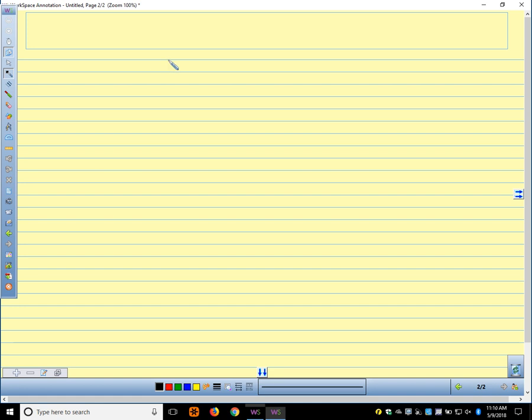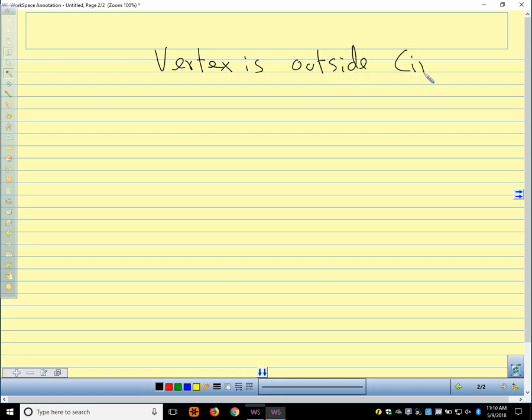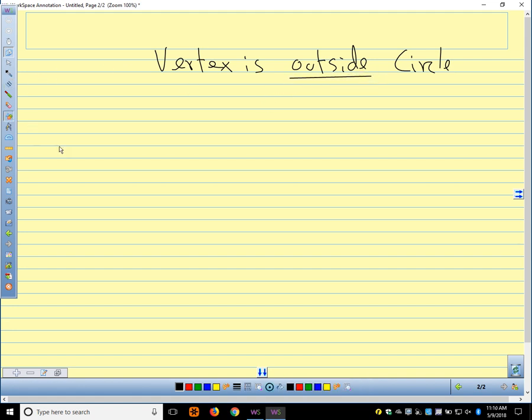So here we have lines or segments or rays or something that intersect outside the circle. So I'm going to say the vertex is outside the circle. And I'm going to draw 3 possibilities here.